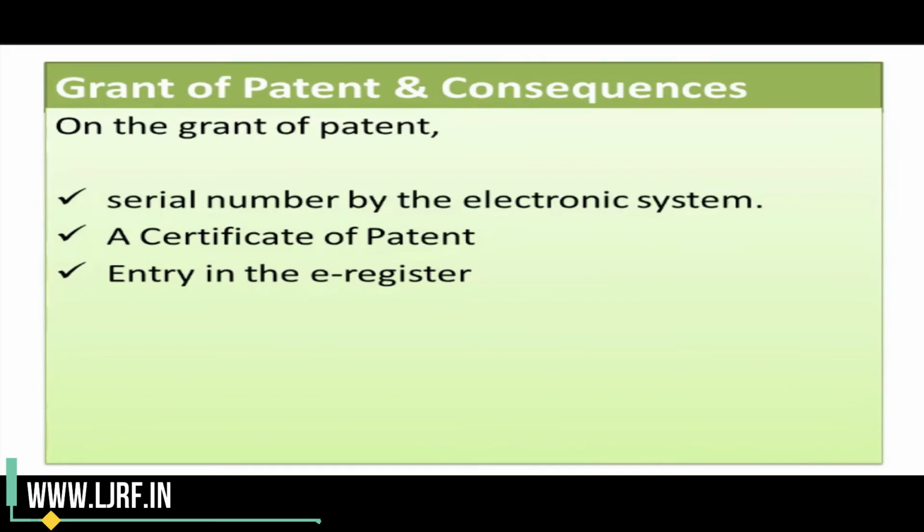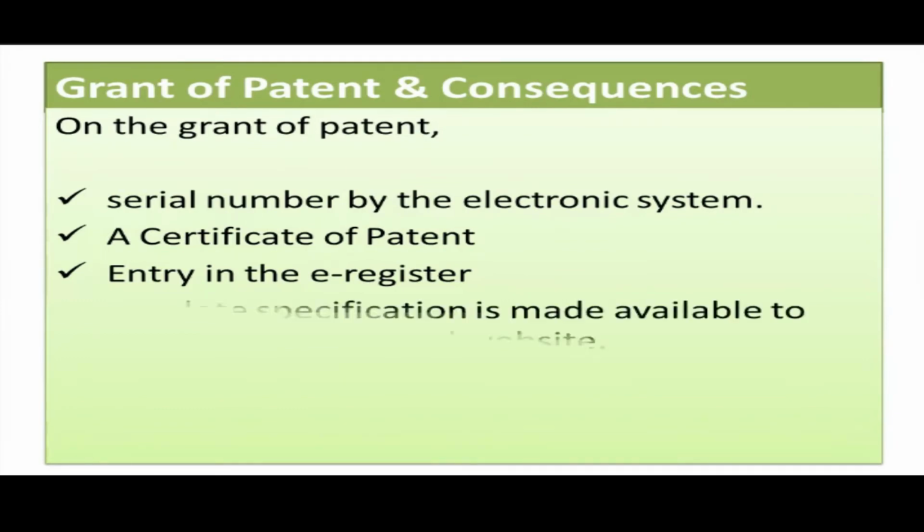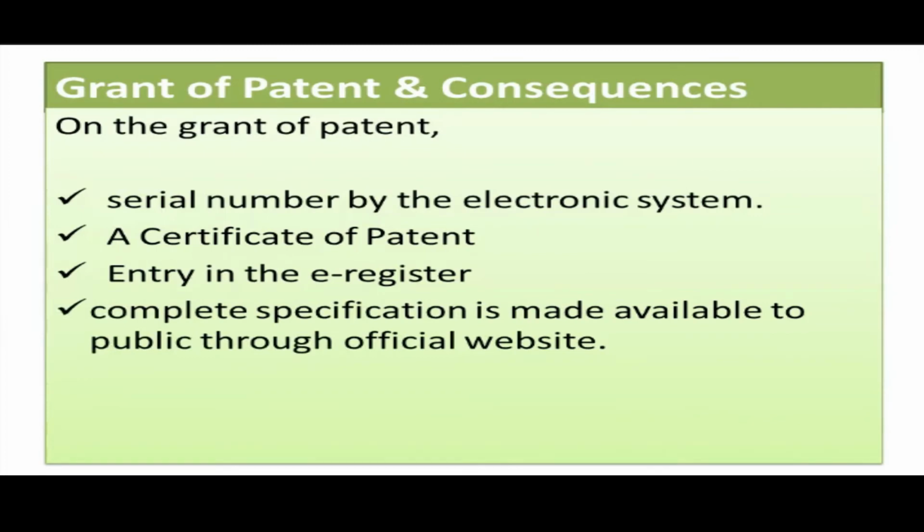There is an electronic register now. Everything is online, and even registers are electronically available. Sufficient entry and sufficient information regarding the patent grant, the patentee, and all those will be made in the e-register. And the complete specification is made available to the public through the official website.